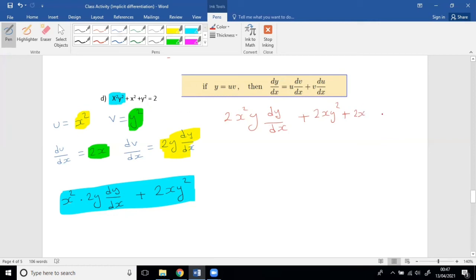Differentiation of y squared becomes 2y dy over dx equal to, now differentiation of 2 becomes 0.